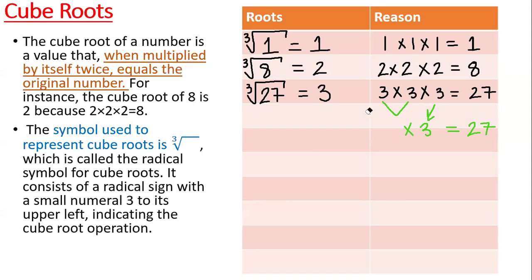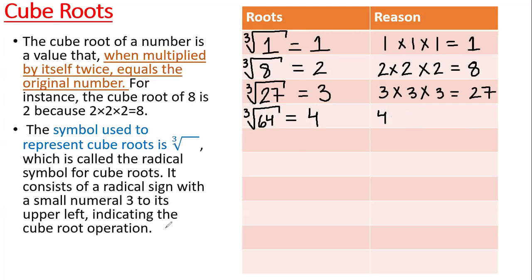Let's do another one. So we have the cube root of 64. That gives us 4. Very good. How do we know? 4 times 4 times 4 is 64.